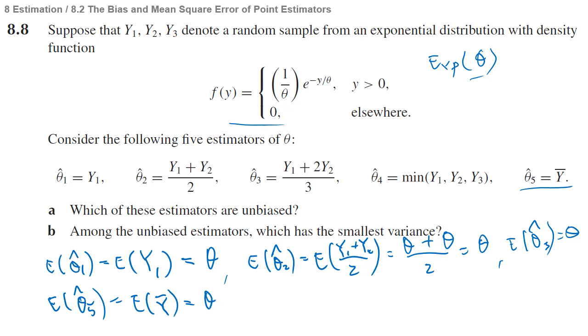So the first, second, third, and fifth are unbiased estimators.